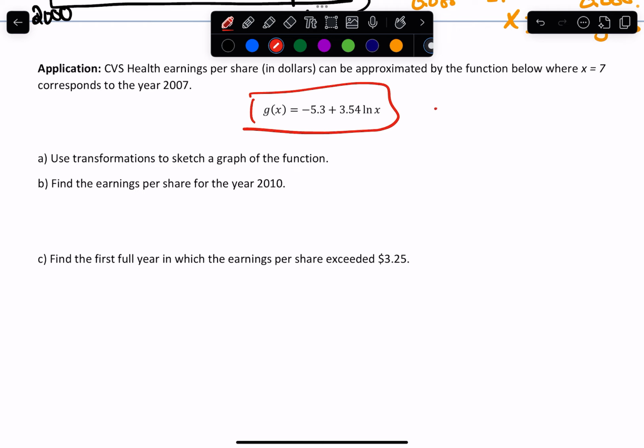I'm going to rewrite it with the natural log first because that's where the x is, and then the minus 5.3. We need to use transformations to sketch a graph of the function.